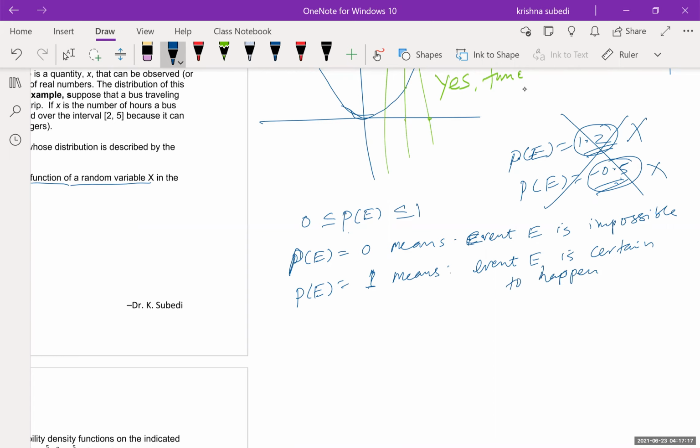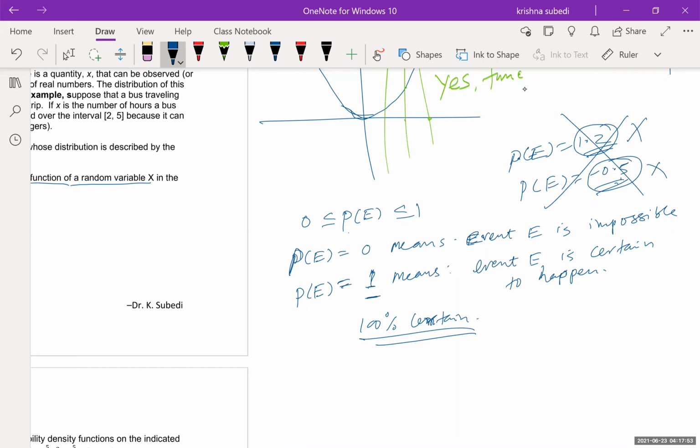For example, if I choose a student from this group, excluding me, who is taking the Math 105 course, that is 100% sure, right? All the students in this class are taking Math 105. So that is one example that has probability equals 1. Now, when the probability is 1, then we say that it is 100% certain.